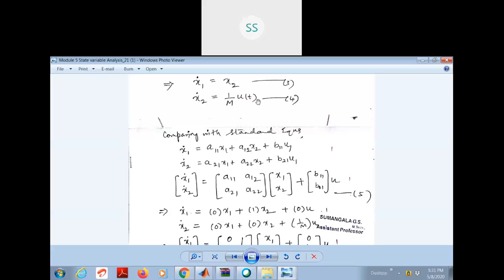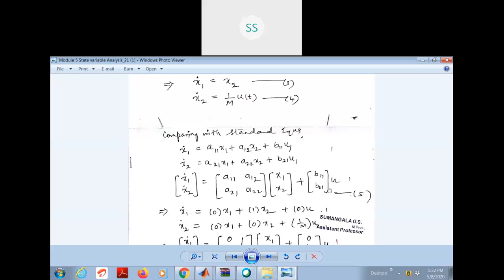So x2 dot equal to 0 into x1 plus 0 into x2 plus the coefficient 1 by m. This 1 by m is nothing but b2 u. So here I have written it as 1 by m into u.